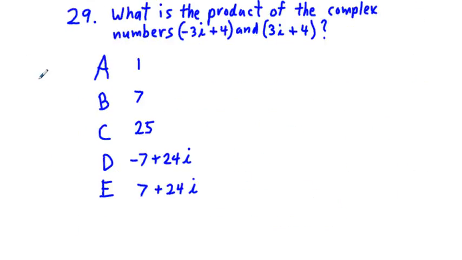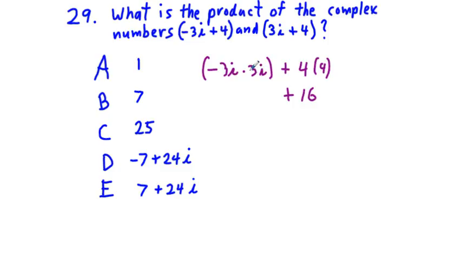29, what is the product of the complex numbers quantity negative 3i plus 4 and quantity negative 3i plus 4? Well, for that, when you work it out, you're going to have negative 3i times 3i plus 4 times 4. And so this 4 times 4 is obviously going to be 16.